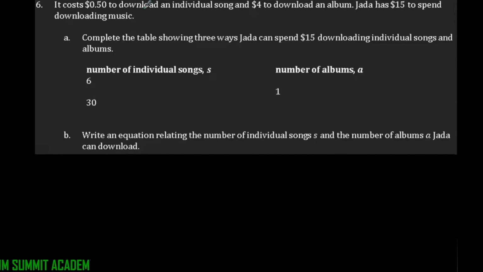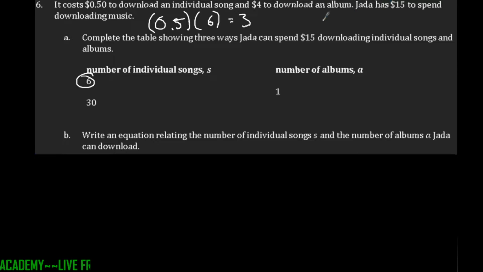If it says that she used 6 individual songs, how much remaining money does Jada have to spend on the album? So if we do 0.5 times 6, we know that's going to be $3.